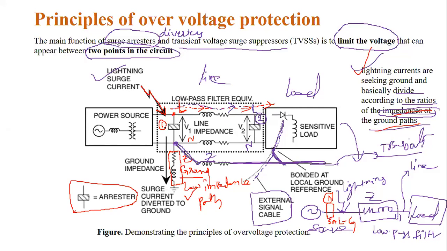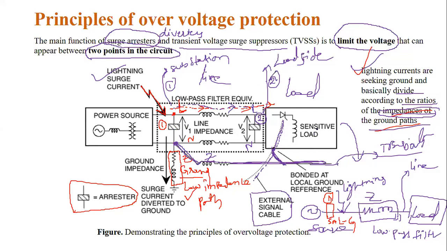One surge arrester we are using in the substation, and the second one we are using at the load side. This is number 1, and number 2 is used at the load side.